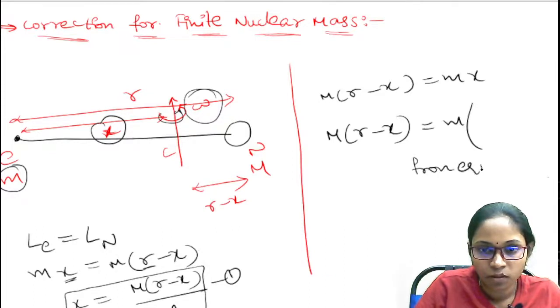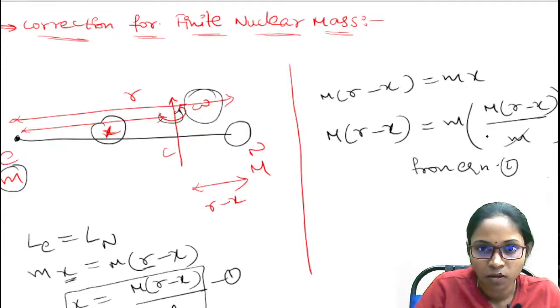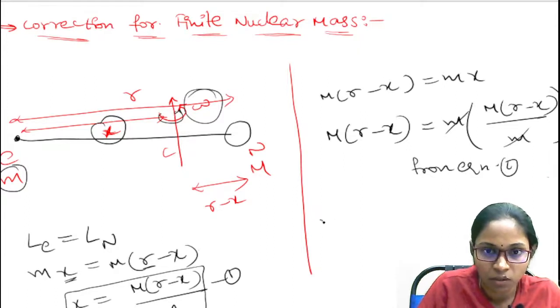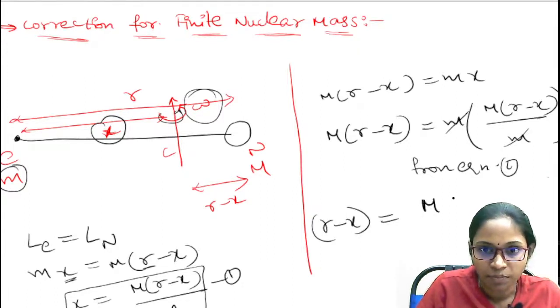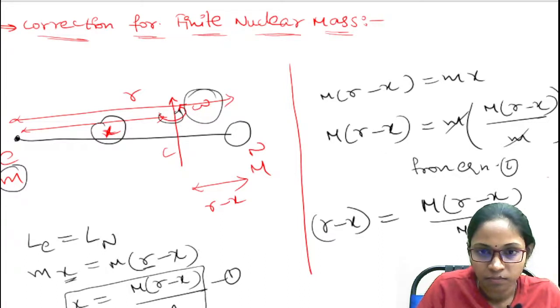From equation number 1, we have M into r minus x by small m. Small m gets cancelled. Therefore, the r minus x value will be equal to small m times r minus x by capital M, right?